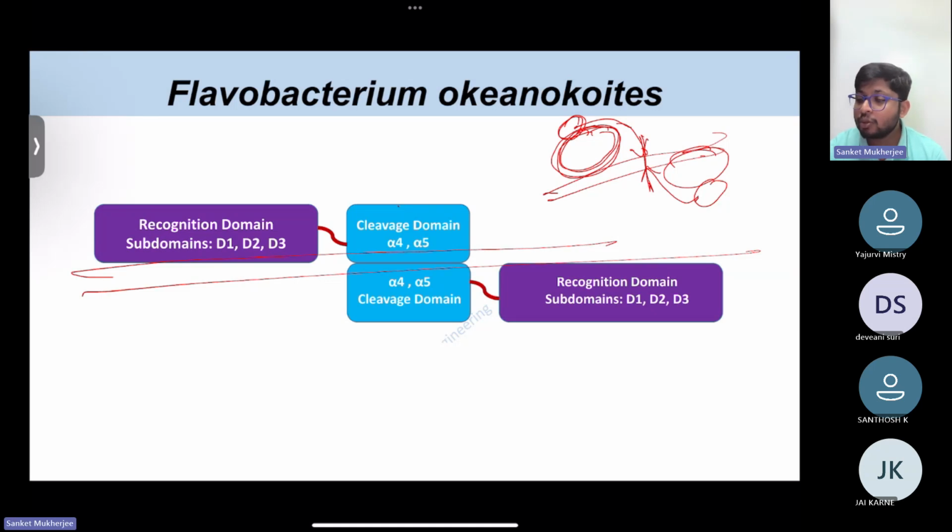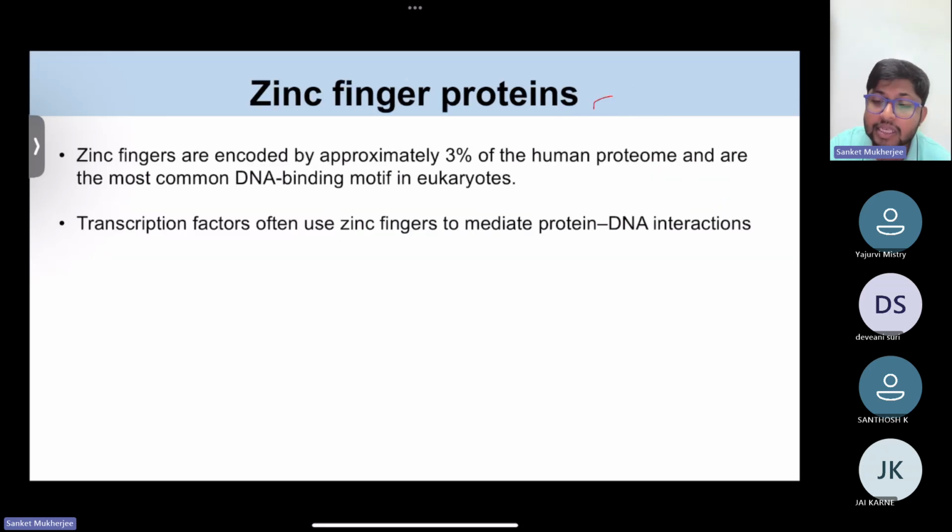Okay. Now, talking about zinc finger nucleases, zinc finger proteins are very important proteins in the human proteome. In 1940, the biological role of zinc was established. And when we talk about zinc, we mean Zn2+.